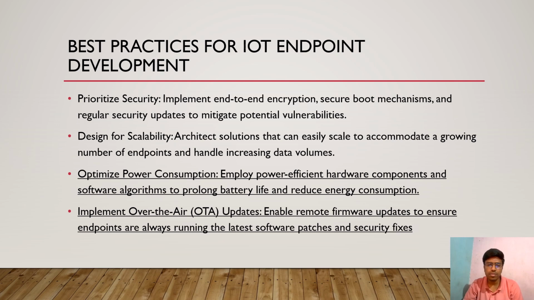Optimize power consumption: employ power-efficient hardware components and software algorithms to prolong battery life and reduce energy consumption. Implement over-the-air updates: enable remote firmware updates to ensure the endpoints are always running the latest software patches and security fixes.